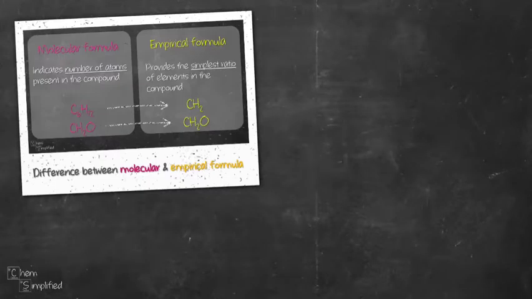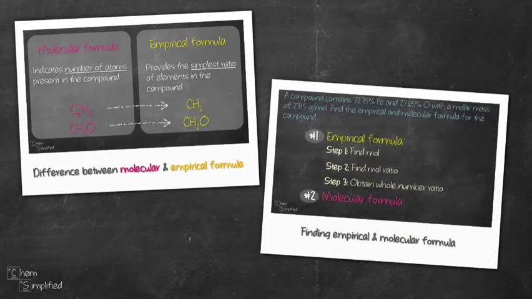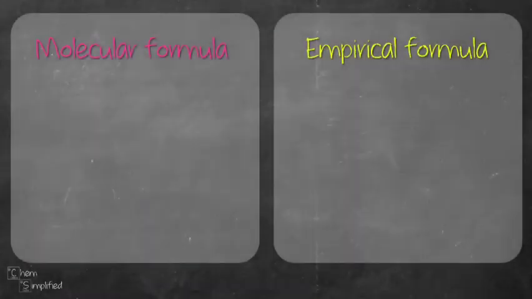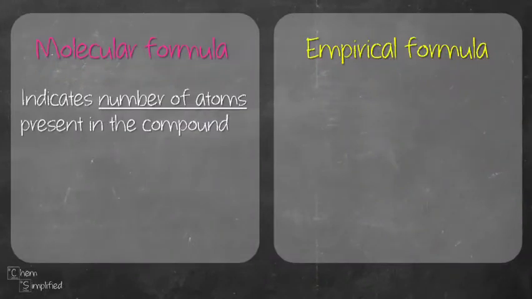Let's differentiate the empirical and molecular formula and calculate the empirical and molecular formula. First, we are going to differentiate that with the use of its definitions. Molecular formula indicates the number of atoms present in the compound. For example, C6H12.